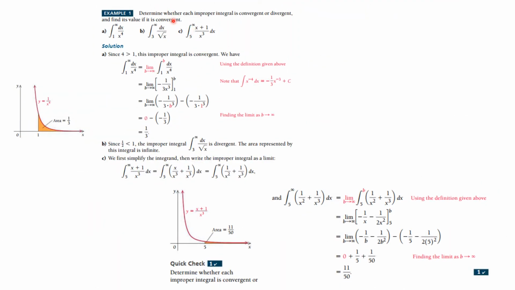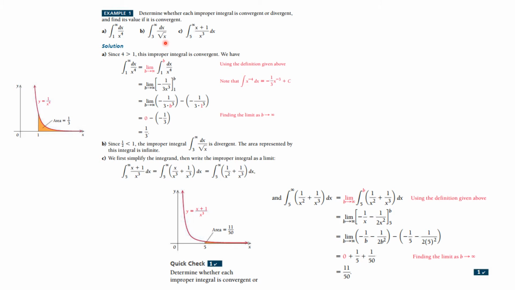Okay, so we're supposed to determine whether each improper integral here is convergent or divergent, and if it's convergent, find its value. Here you're integrating from 3 to infinity of dx over the square root of x. That's the same thing as x to the minus 1/2.